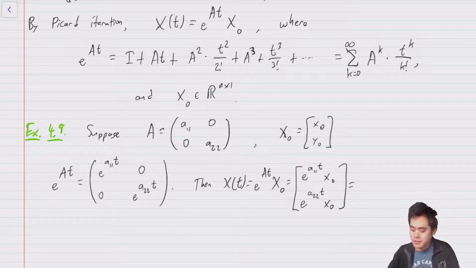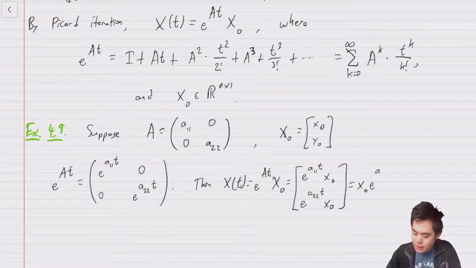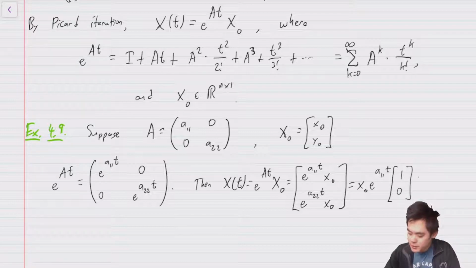And often we write this out separately. So we write this out as x naught e to the a11 t times this eigenvector plus y naught e to the a22 t times this other basis eigenvector.